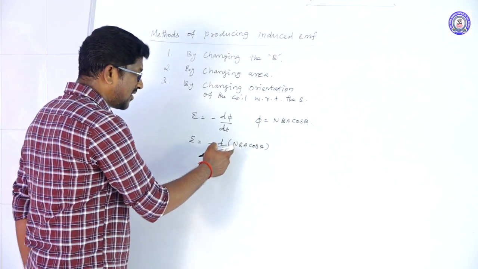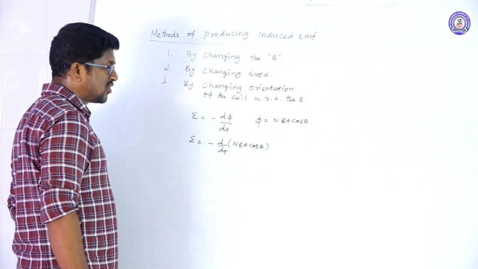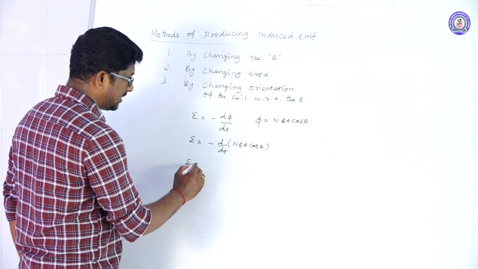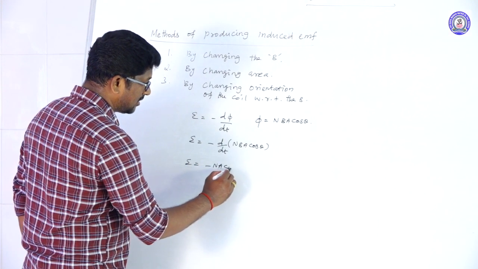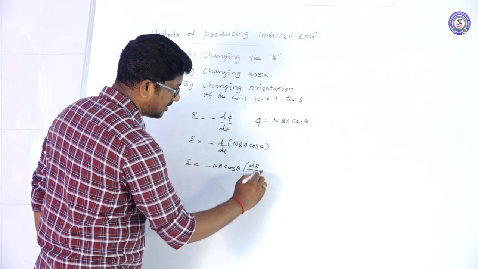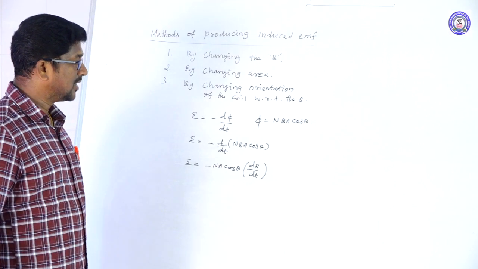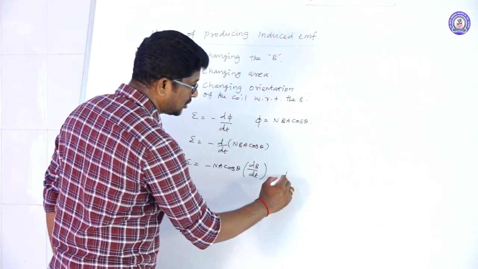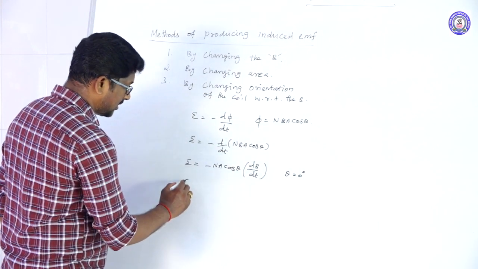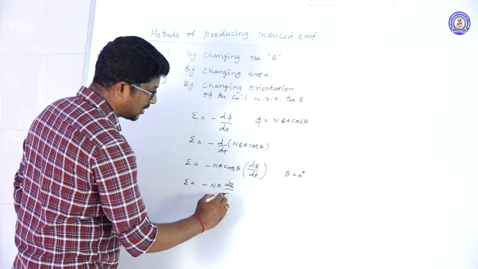Here the number of turns, area per coil, and angle between the direction of the magnetic field and the outward normal are constant, then E is equal to minus NA cos theta of dB divided by dt. Suppose the angle between the direction of the magnetic field and the outward normal is 0 degree. Suppose theta equal to 0 degree, then cos 0 is 1. Then induced EMF E is equal to minus NA into dB divided by dt.